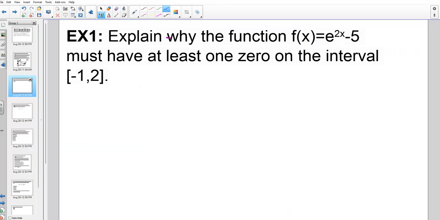So let's look at how to do this without a calculator, because you won't be able to graph these. So when you're given something like this, the first thing you need to state is that f of x is continuous. In this case, you could say on the interval, or you could say for all real numbers.